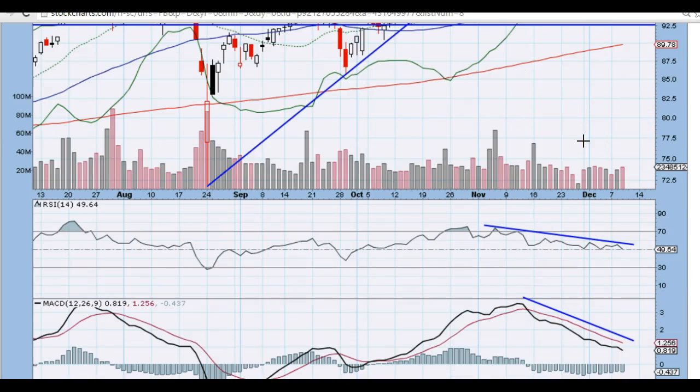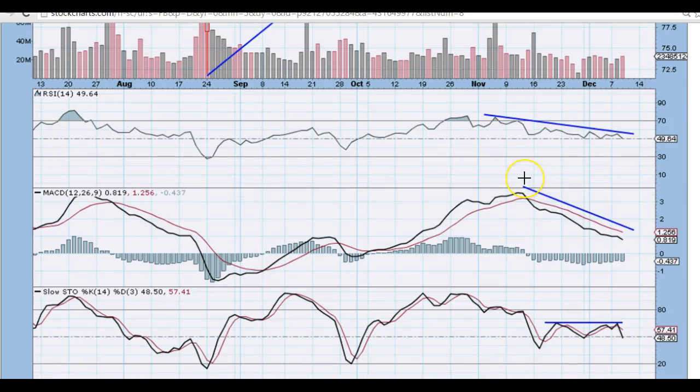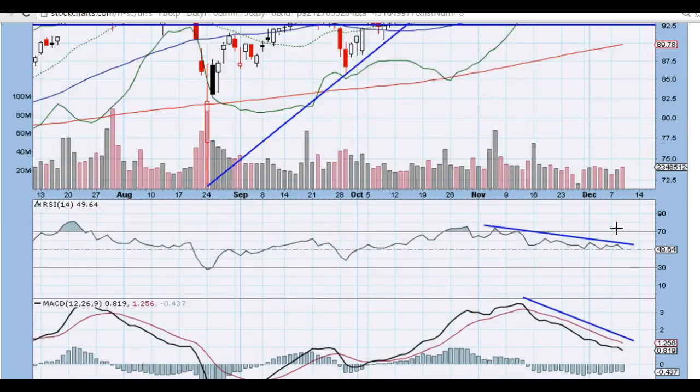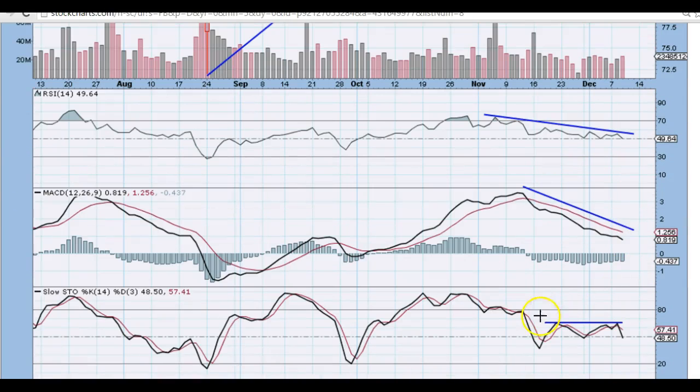And we've also got similar RSI as we did over here. It's trending down, and we're just below 50. I want to see a more significant break below the 50 level, but it is heading in that direction. We've got the MACD, which is trending down, and we also have the stochastics, which are trending down as well.